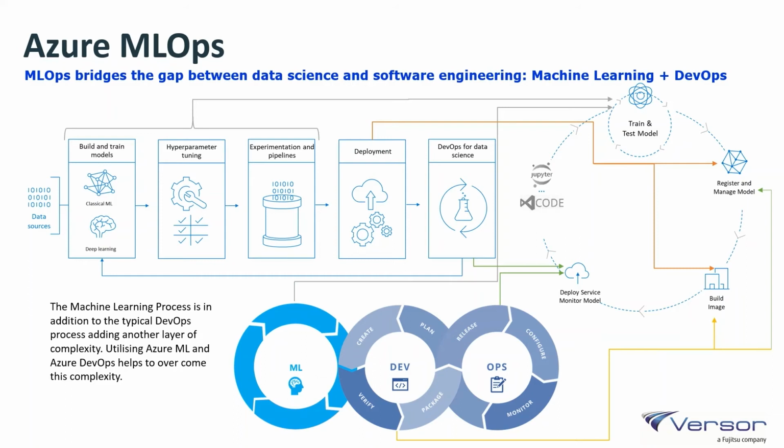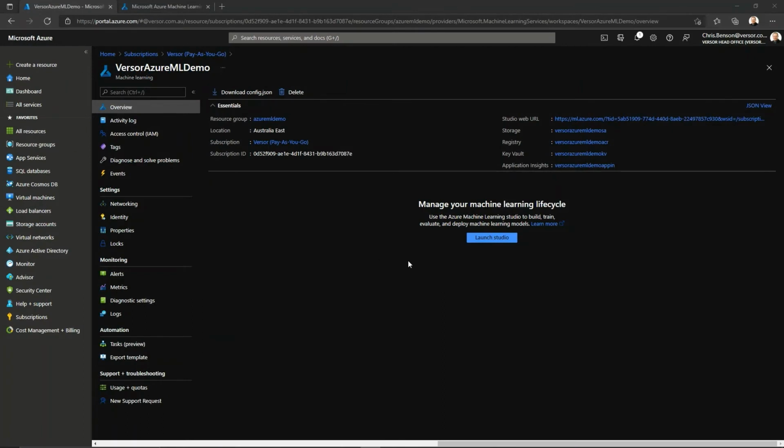What we'll do now is jump into a demo and show you some of the Azure ML parts of this process. Once I've logged into the portal and gone ahead and created my machine learning resource, in this case mine's called Versus Azure ML Demo, there were a number of resources created at the same time that the machine learning workspace depends on.